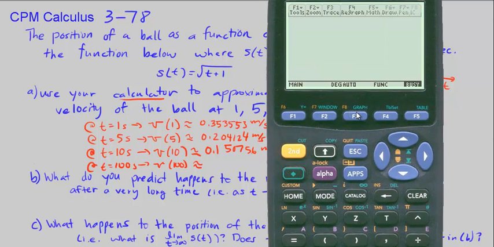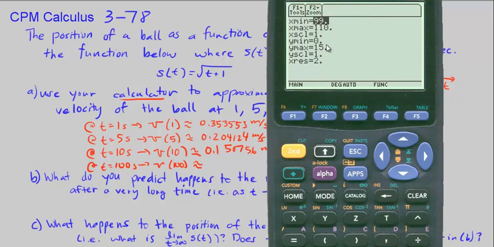Now let me graph this again. So remember, this is going from x is 99 to 110, and the y value is going from, I already forgot, let me check really quickly. 0 to 15. Okay.